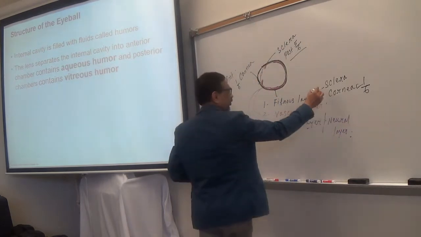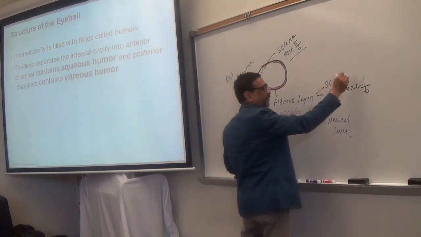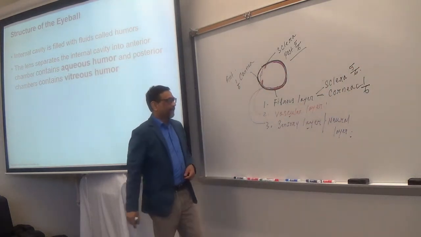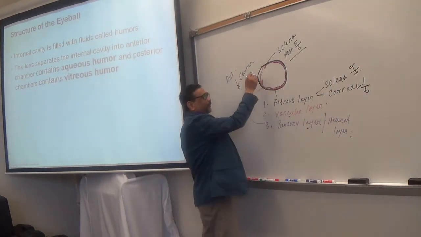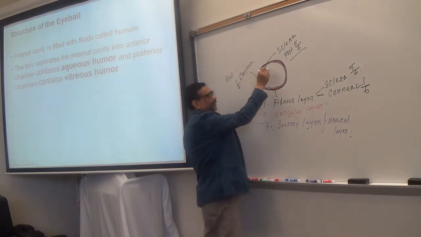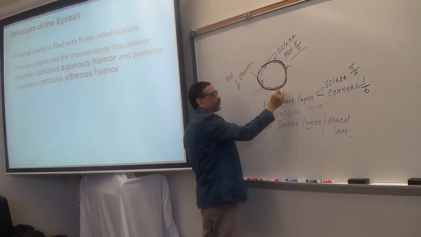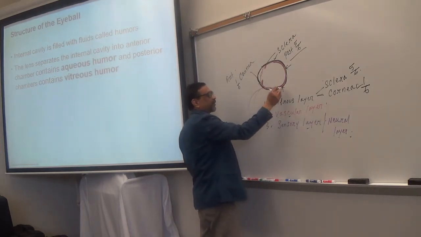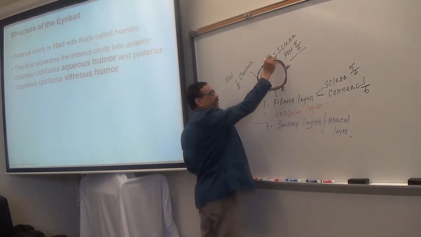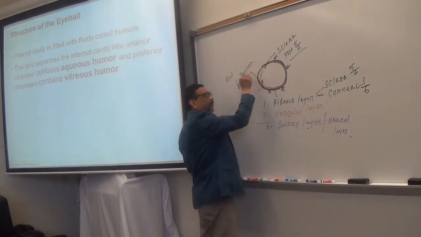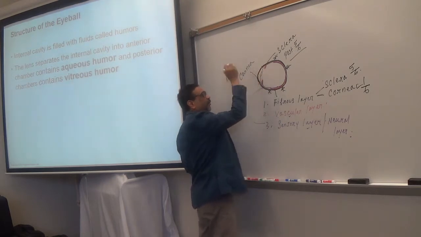So those are the two structures of the fibrous layer. So now you think that light cannot enter from all directions because sclera is opaque. It will not let the light get in. Light can only enter through the cornea, front part of the eyeball.